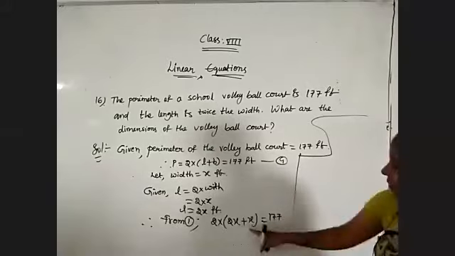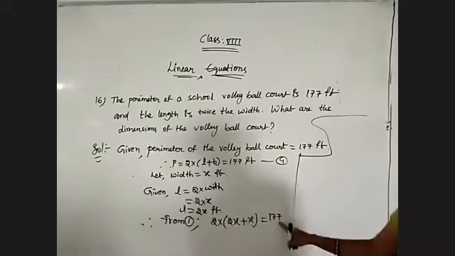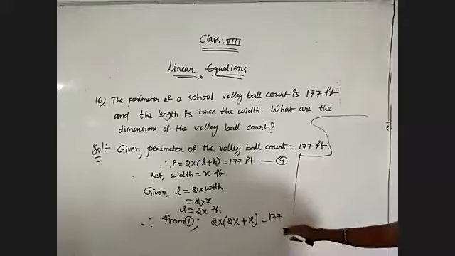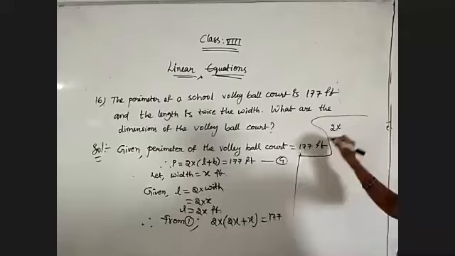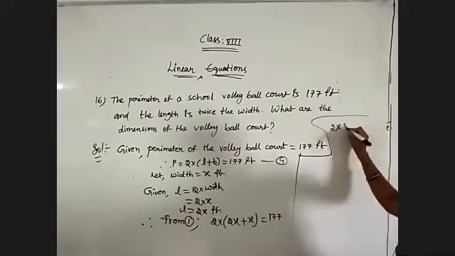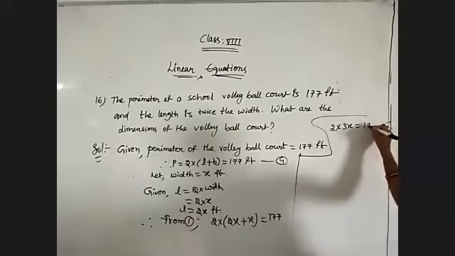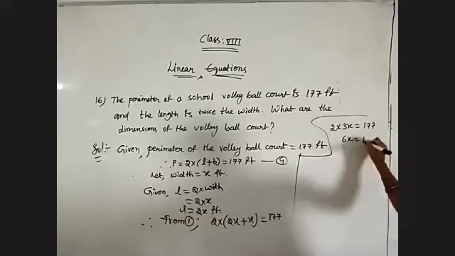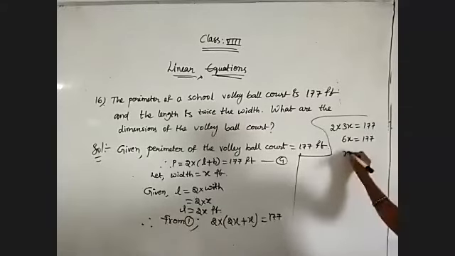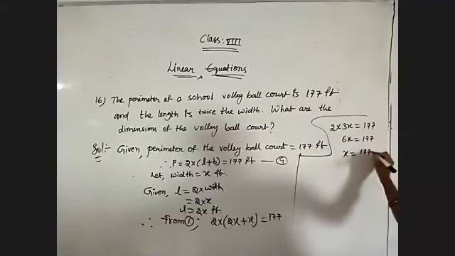Here if I divide 177 by 2, I am not getting an exact whole number, I will get it in points. So instead of that I am multiplying first. 2 into (2x plus x) is 2 into 3x, so 6x is equal to 177. So x is equal to 177 by 6.